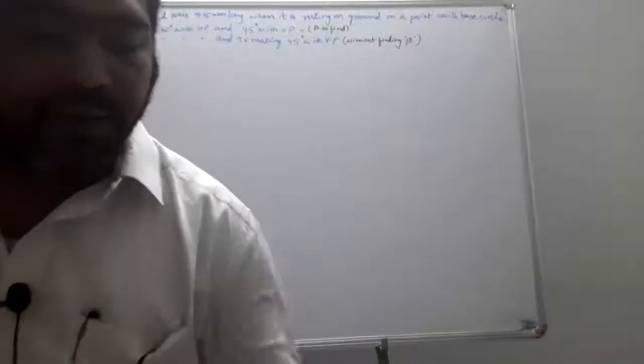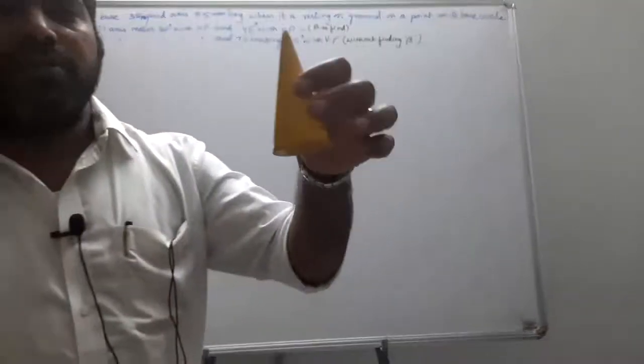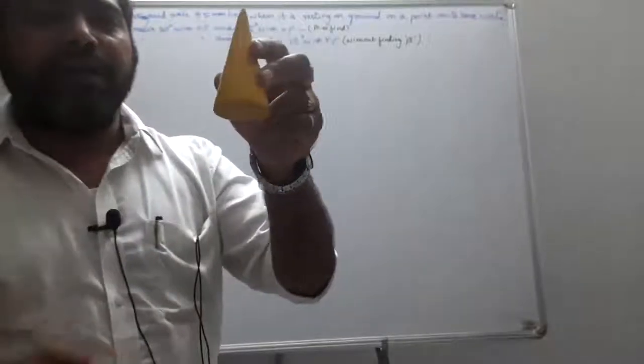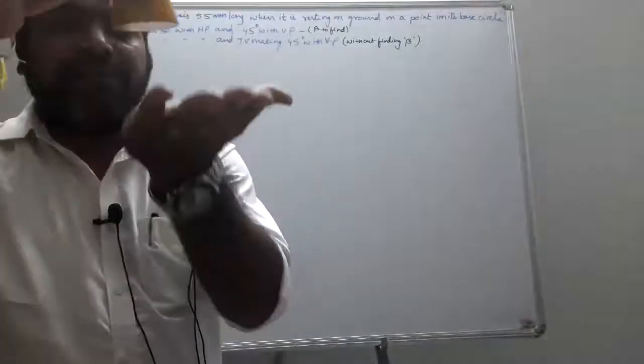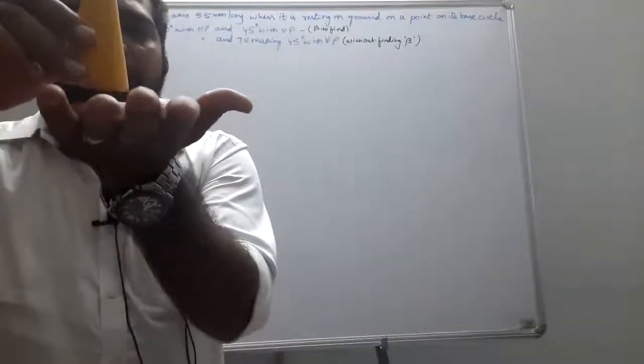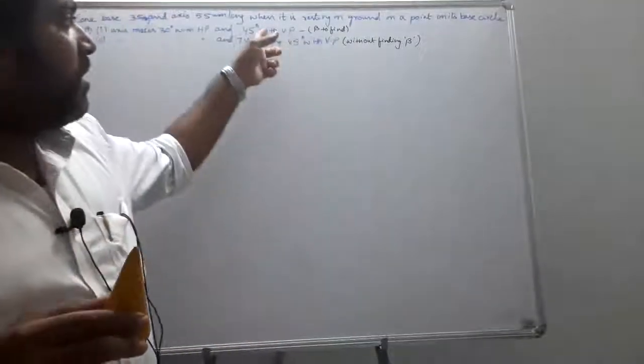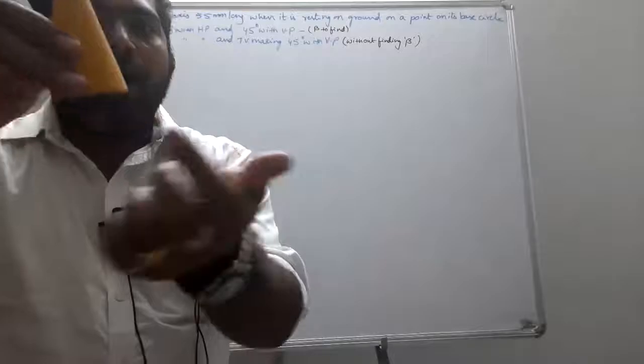Let us consider a cone which is going to be resting with its base of 35 and height of the solid given as 55, resting on ground on a point on its base circle.